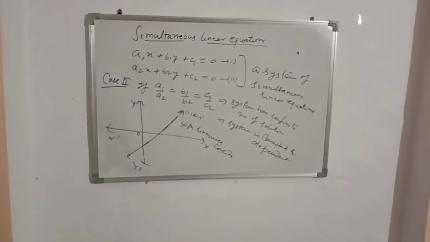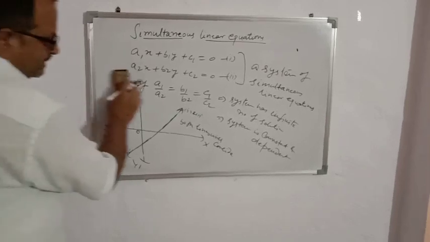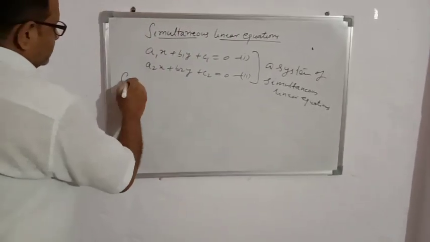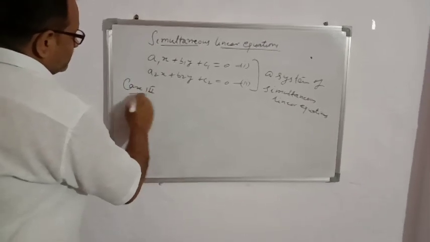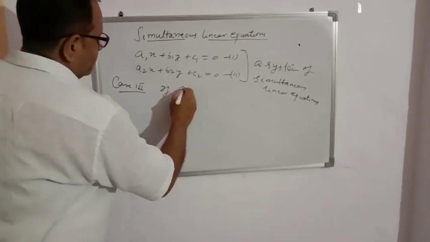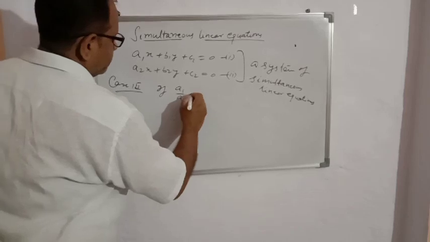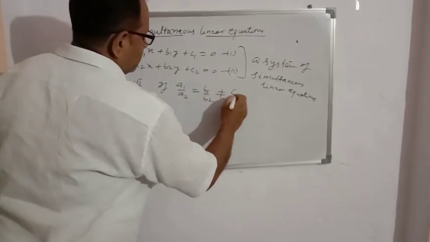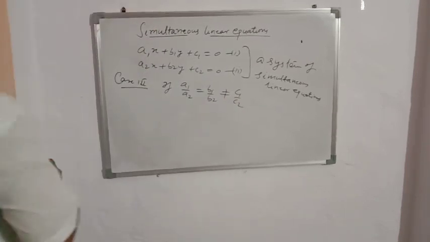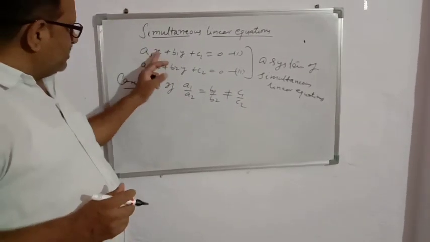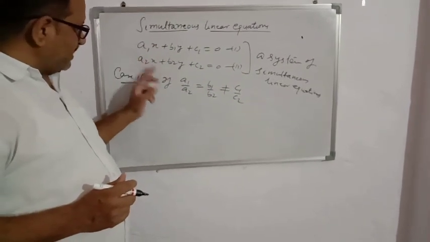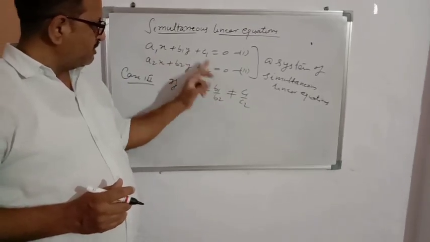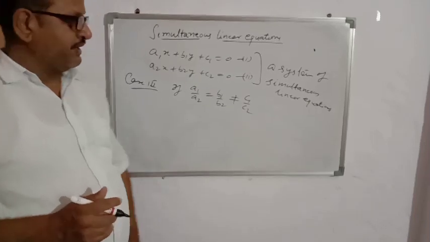And third case, see the third case, if a1 by a2 is equal to b1 by b2 but not equal to c1 by c2. The ratio of coefficients of x is equal to the ratio of coefficients of y but not equal to the ratio of the constant terms.